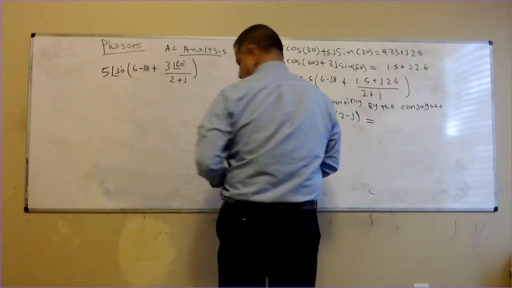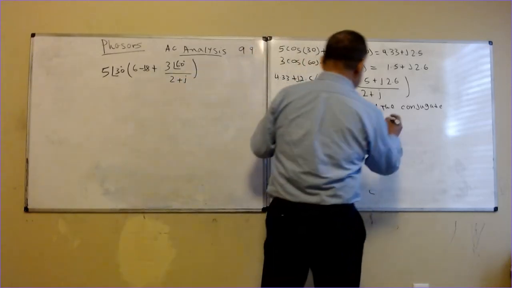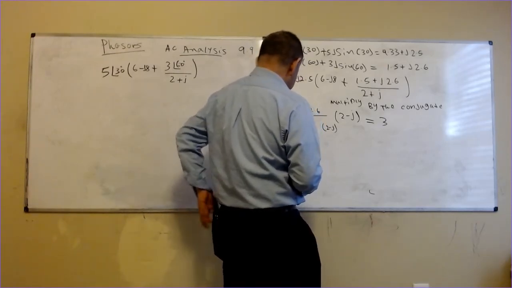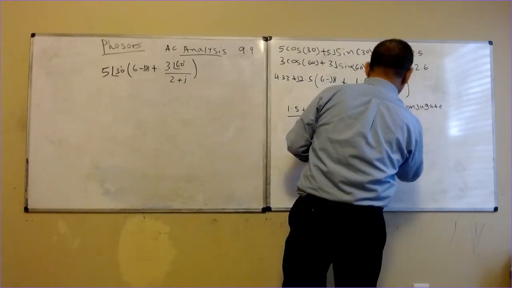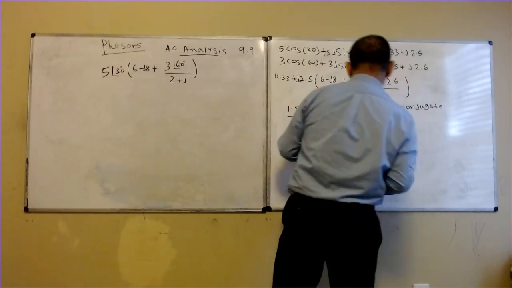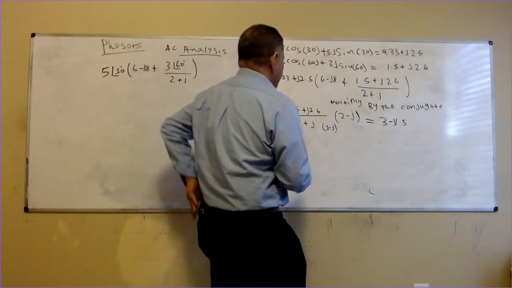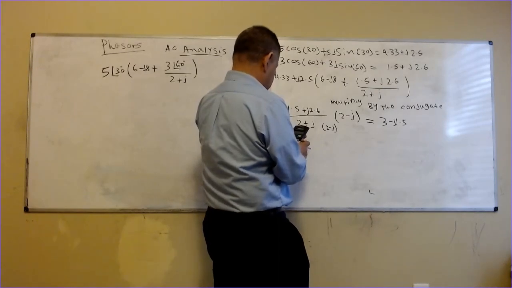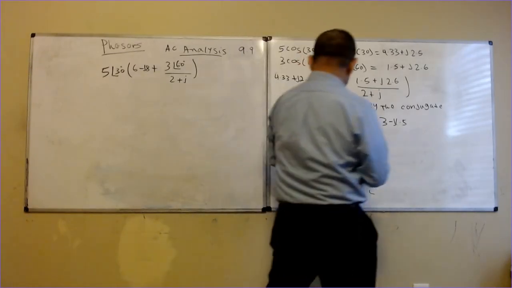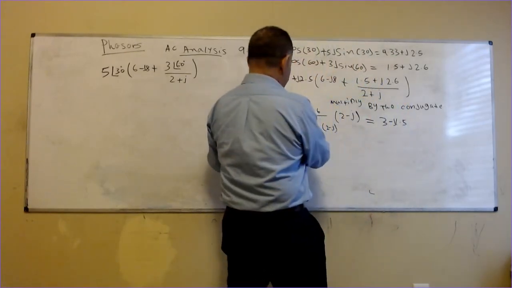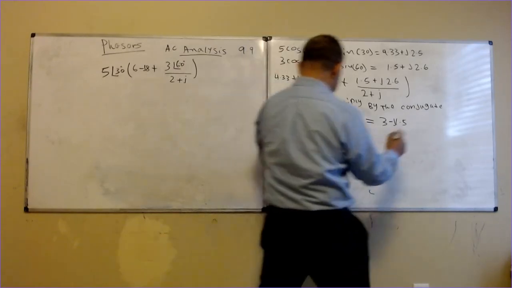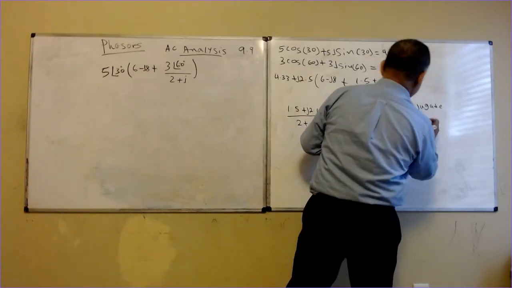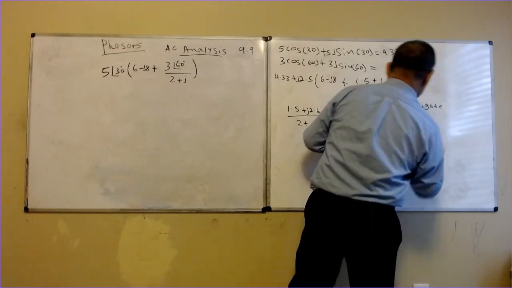When I multiply the top by 2 minus J, I get the following. So it's going to be a 3 on top, and then minus 1.5J, doing these two terms. Then that is equal to 2 plus 5J over 2.6.